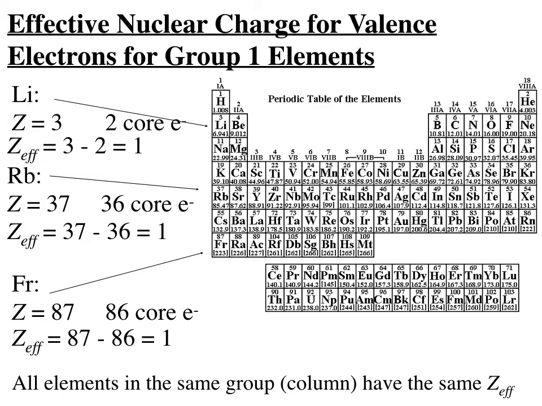The other 86, I'm sorry, not just 86, that would only be true for francium, but for all the other elements as well, their lone valence electron in the outermost energy level has a leftover charge of 1 positive charge from the nucleus to interact with.